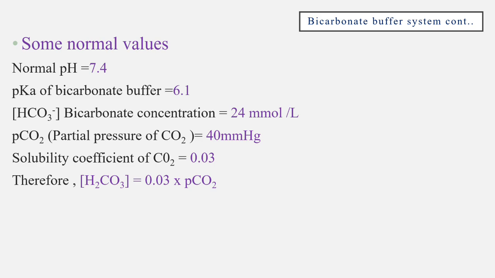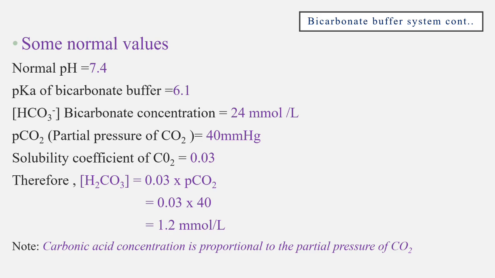So carbonic acid is equal to 0.03 times the partial pressure of carbon dioxide, which is 0.03 into 40, 1.2 millimoles per liter. The carbonic acid concentration is proportional to the partial pressure of carbon dioxide.